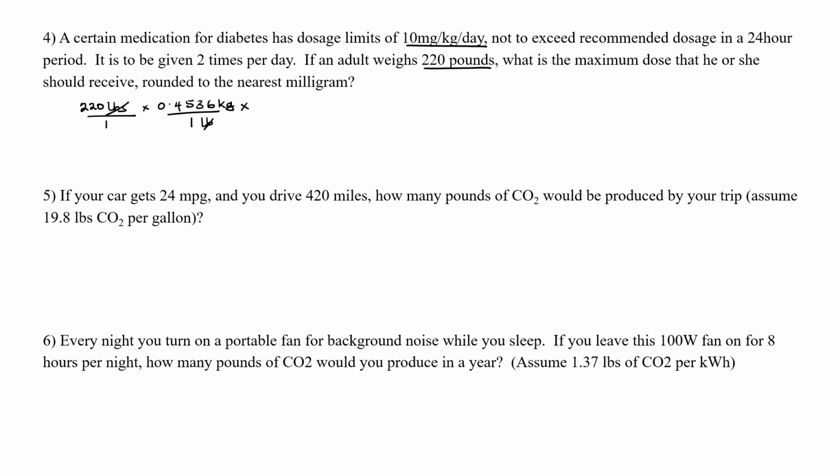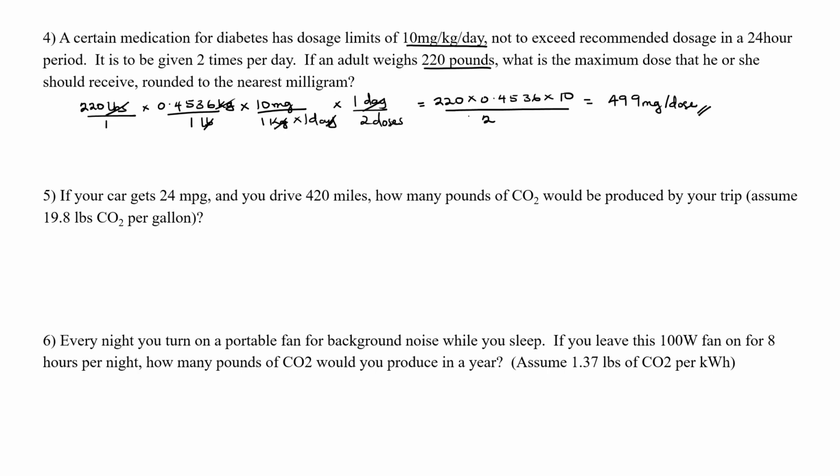Once we have our conversion to kilograms, we know the dosage limit is given as 10 milligrams per kilogram per day. And if we're given the drug's 2 doses per day, then we multiply everything on top, divided by everything at the bottom, and that gives us 499 milligrams per dose.